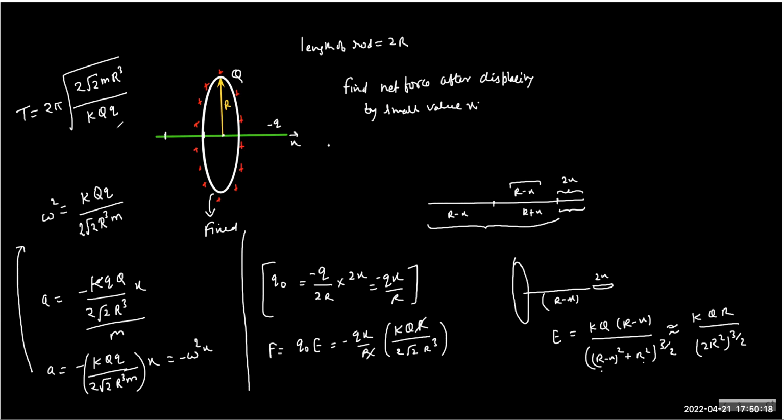So the next question is from the work energy theorem. So imagine if we have a uniform electric field in some random direction in a gravity free space.